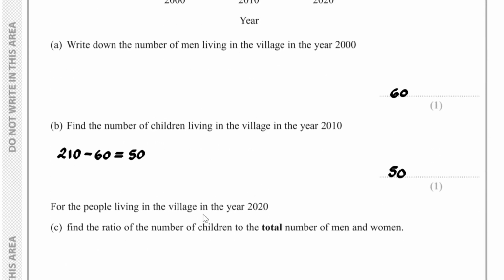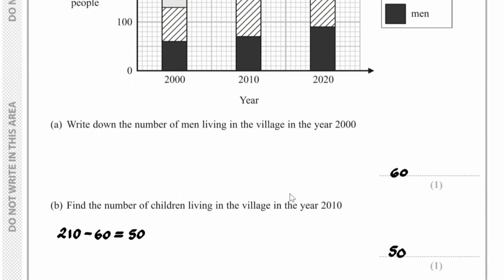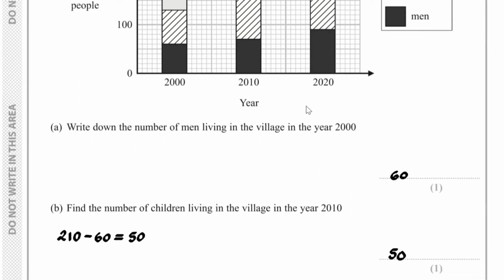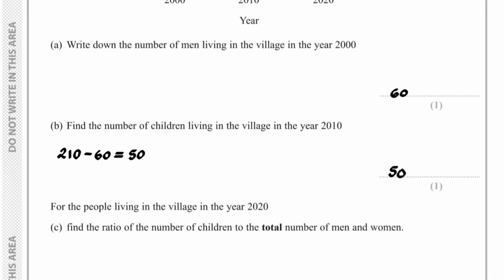For the people living in the village in the year 2020, we have to find the ratio of the number of children to the total number of men and women. Well, the first thing we can do is find out how many people there are in 2020. That's equal to 280.